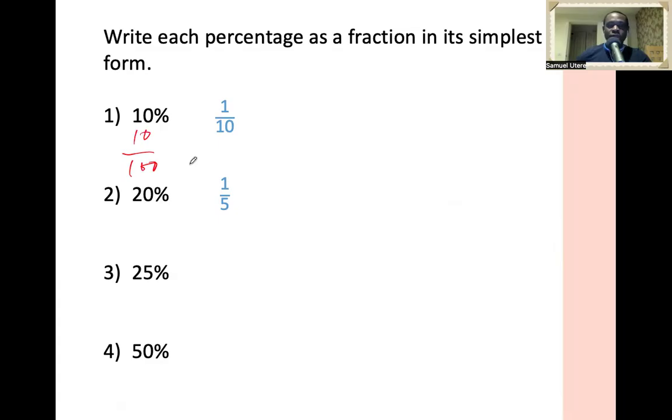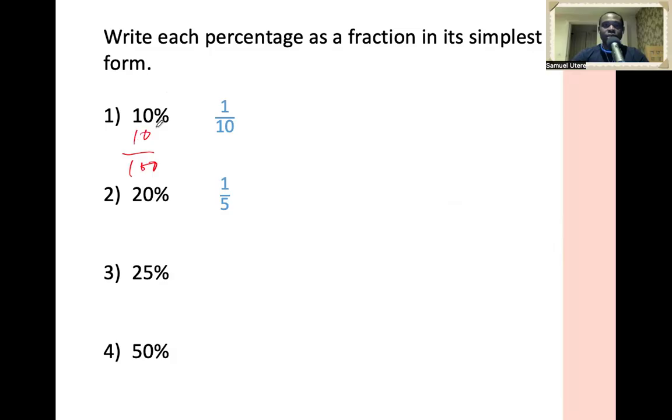But another way of thinking about it is, if you were to look at your 100 square grid, 10% means 10 bars out of 10. So if you were to split those 100 squares into 10 parts, you actually have 1/10.